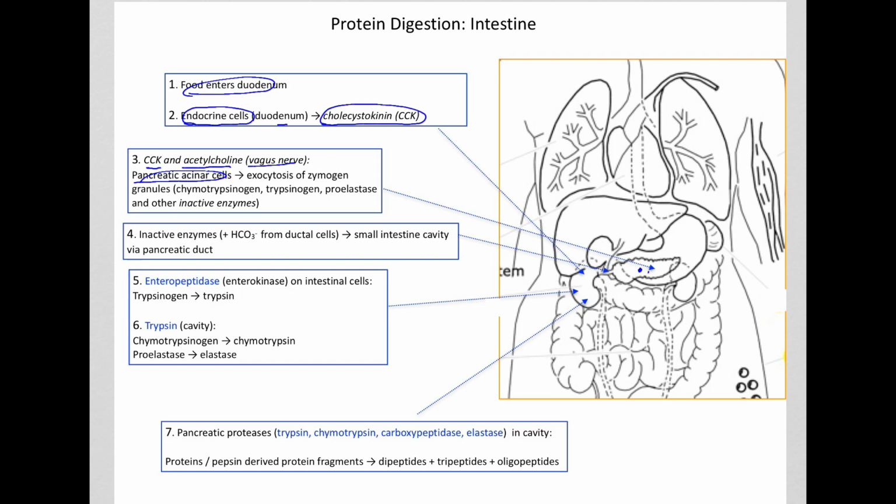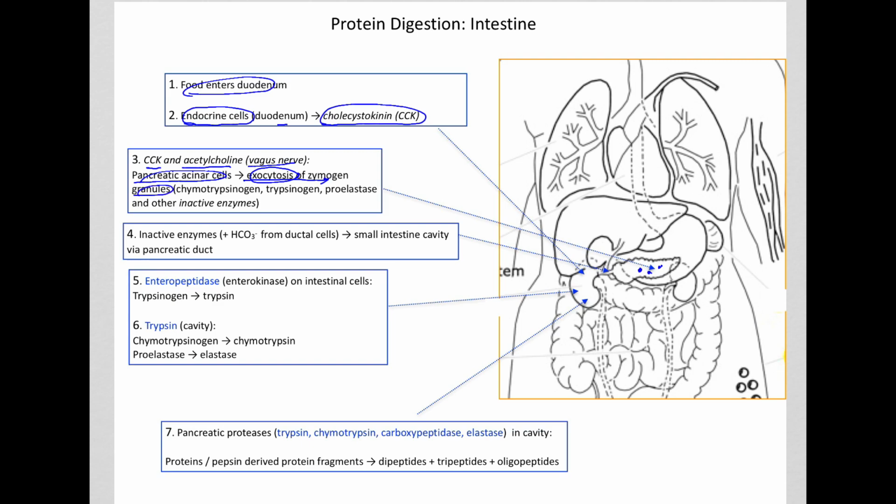So here you have these acinar cells in the pancreas, and these cells will be stimulated to secrete zymogens. This process happens by exocytosis. So these cells, via exocytosis, will release zymogen granules.